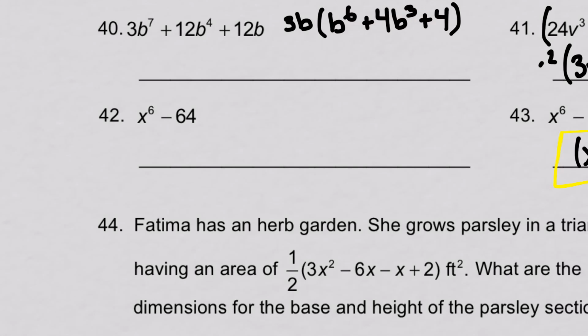Anytime you see a trinomial, 3 terms, where the first term and the middle term both have the same variable, and the exponent of the middle term's variable is exactly half of the first term's, so 6 and 3, or 4 and 2, or 10 and 5, any kind of pattern like that, and the last term has to be a single constant, no variables on it, then you can use this special pattern that I'm going to show you right now.